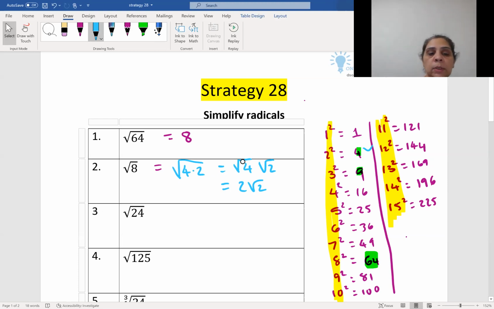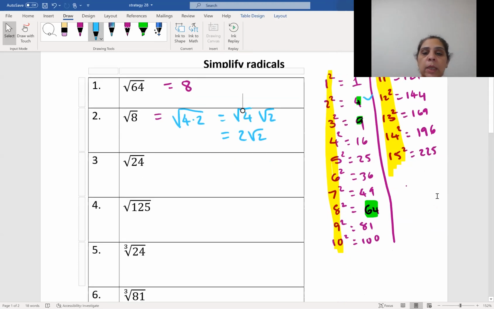So next one, 24. Again, 24 is not a perfect square, but we can find a factor of 24 which is a perfect square. We can see again we can divide by 4. So 24 is 6 times 4.